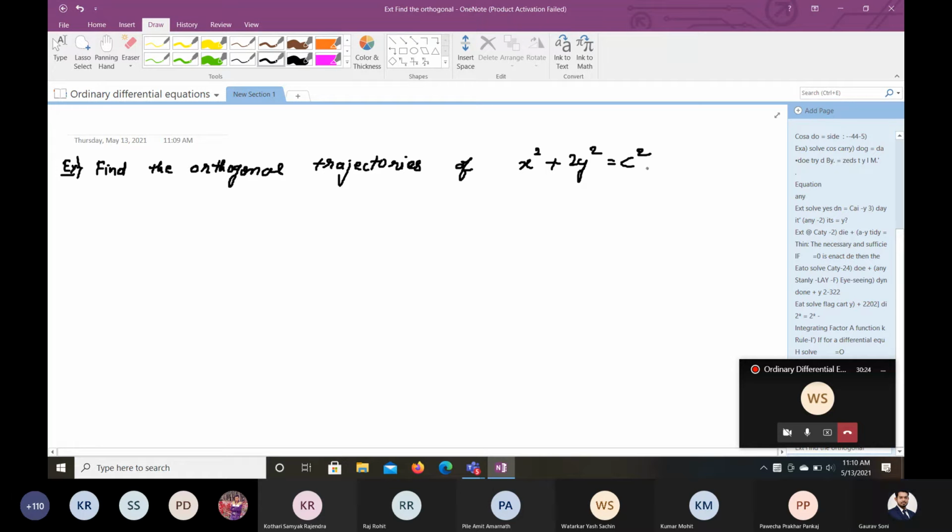What is this? Is it a circle? Are you sure? No, it's not a circle.